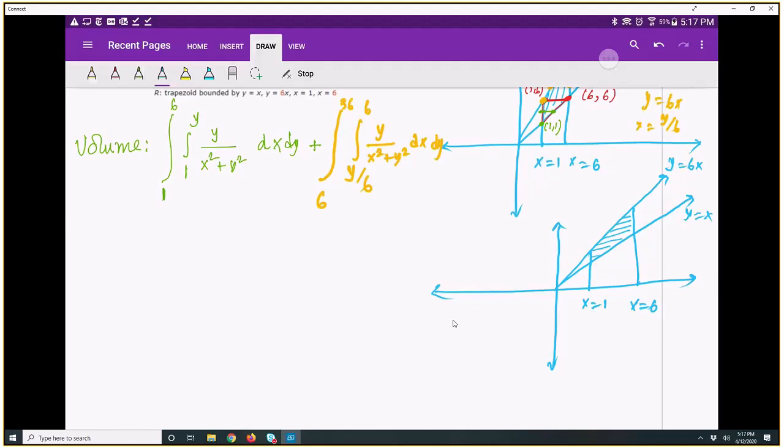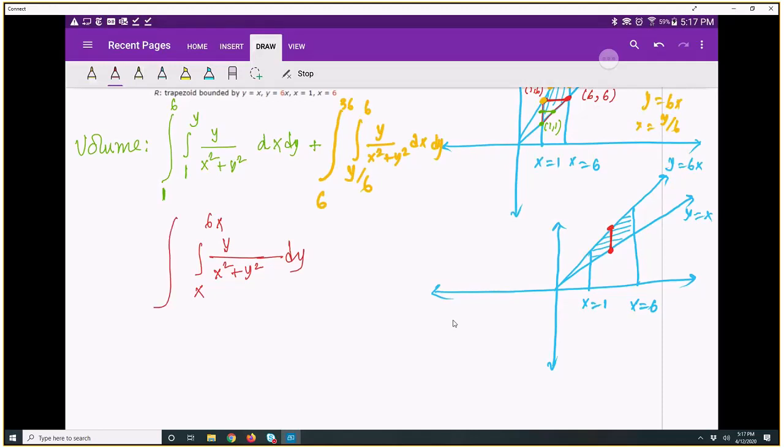This time I want to integrate y first, so we are going to see an arbitrary situation for the limits of y. For the entire region, your y values are going to start on the line y equal to x and end on the line y equal to 6x. And we will integrate the function y over x squared plus y squared with respect to y first.